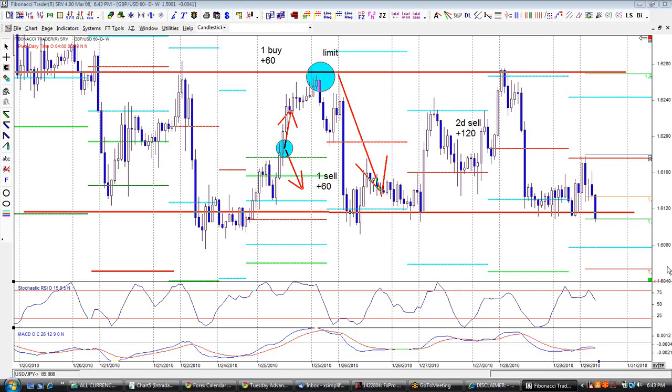The question is where you place the stops. When you hedge, you don't need stops, because as long as you have both orders running, you're at break even.